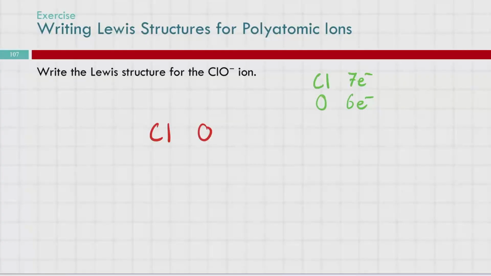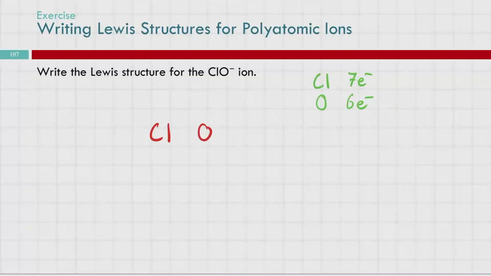Adjusting. Stupid laser pointer. Okay, the outrageously bright green one then instead. Okay, so chlorine is in the 7A, oxygen's in the 6A, so they've got 7 and 6 valence electrons respectively.